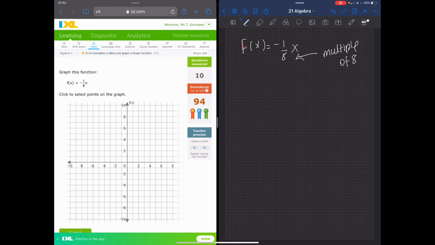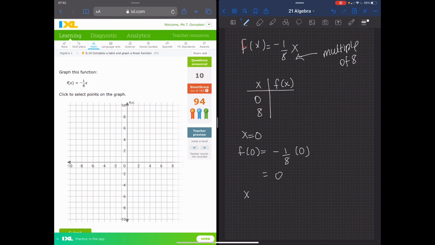So for sure I have the origin, so x and f of x. I'm going to try 0 and 8. X equals 0. F of 0 equals -1/8 times 0. So just 0 times anything is 0.